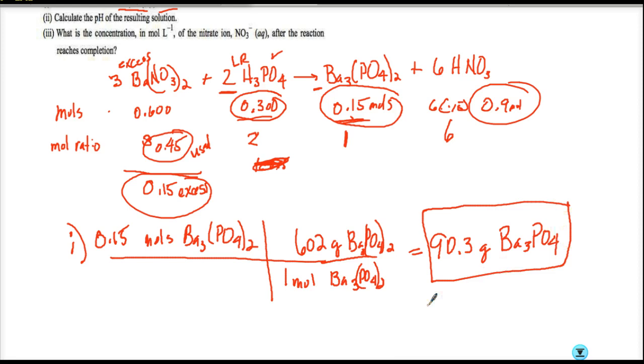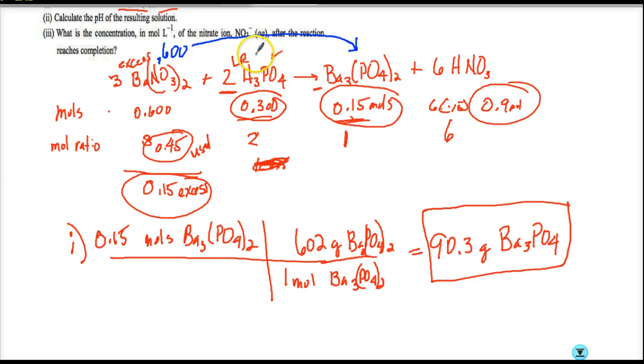Now, you could have done this the old-fashioned way, the way that you've been taught initially, and it's all cool if you're comfortable with that. That's great. Doesn't really matter. You take the amount of this that you're given, that would be your 0.6 moles, and you pick one of the products, and since we would have read down to the next question, you figure that out.